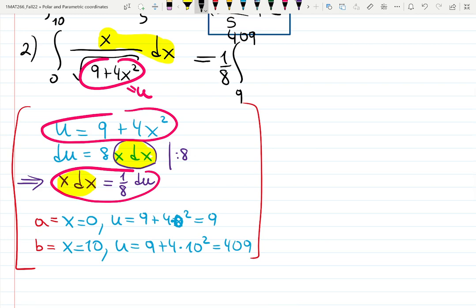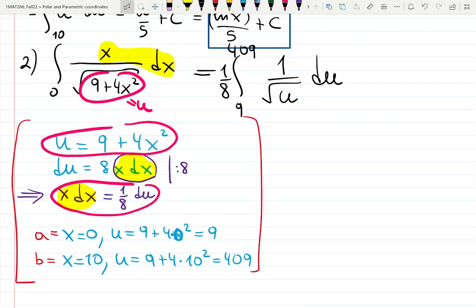Du will go to the end, and I have 1 over square root of u du. Does this make sense? Did this look like magic, or you got it? Can you do it on a test? That's not the answer yet, but can you do this on a test?